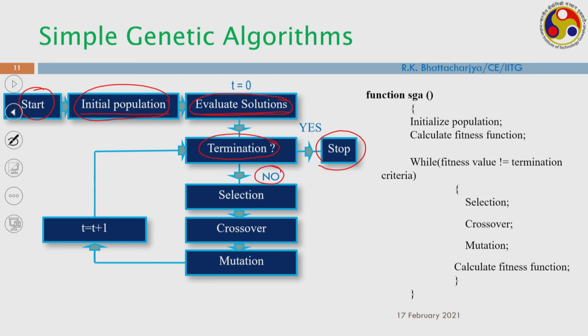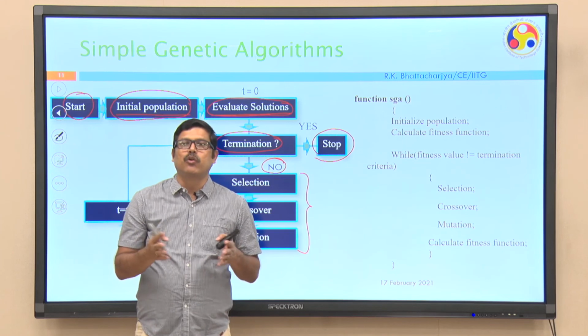In that case, you will go through these three genetic operators, that is selection, crossover, and mutation. Whatever solution there is will pass through these three operators, and these three operators will generate some new solutions.